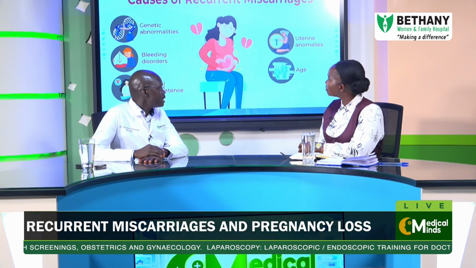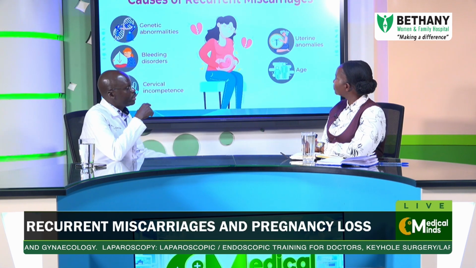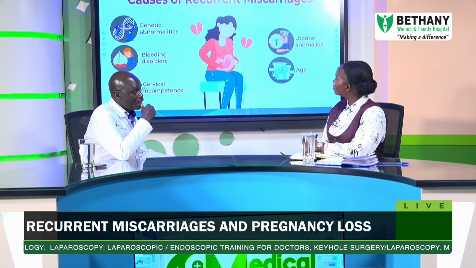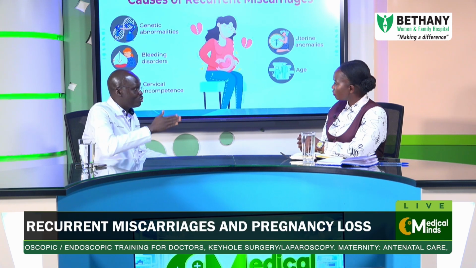But also there are some local diseases in the womb, for example, abnormalities of the womb which the mothers are born with. There are those conditions where the womb is divided into two parts, a womb with a curtain inside.